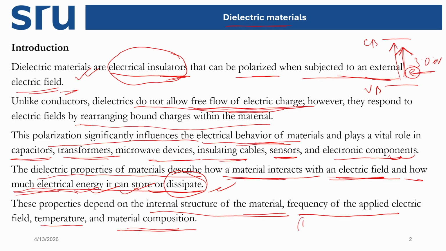One is which material we are going to use and its internal structure, meaning how the ions are arranged and oriented inside the compound when the electric field is applied. Second is the frequency of the applied electric field, and other conditions such as temperature or material composition.